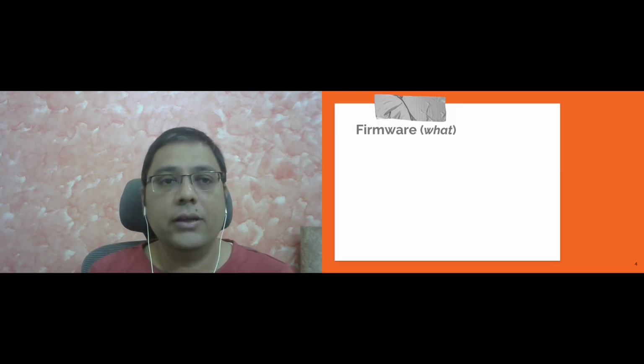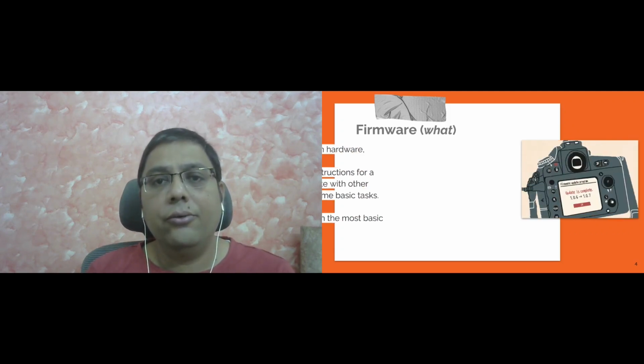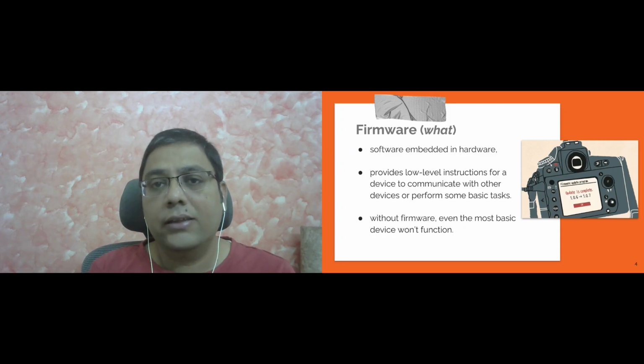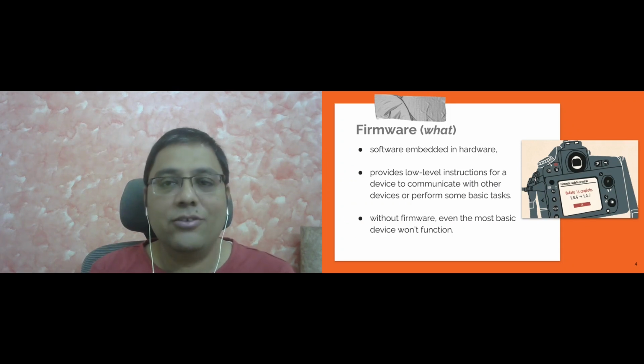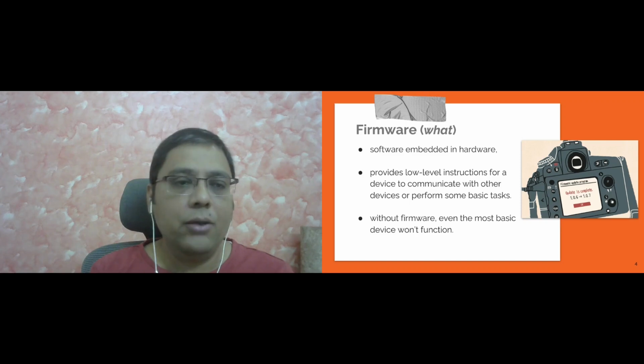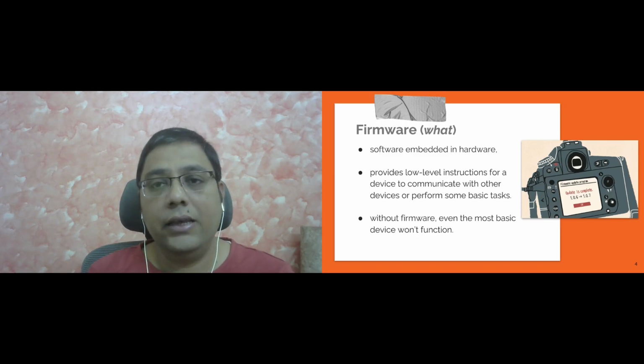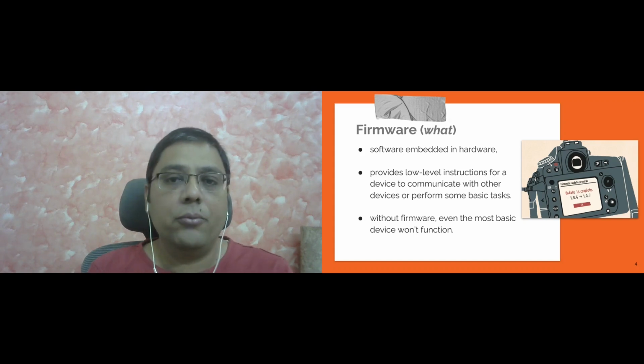What is firmware? You can find several similar sounding definitions, but primarily we can all agree that firmware is the low level software embedded into the hardware, and it is required to put the device into a sane, usable default state so that it can perform its basic functions.